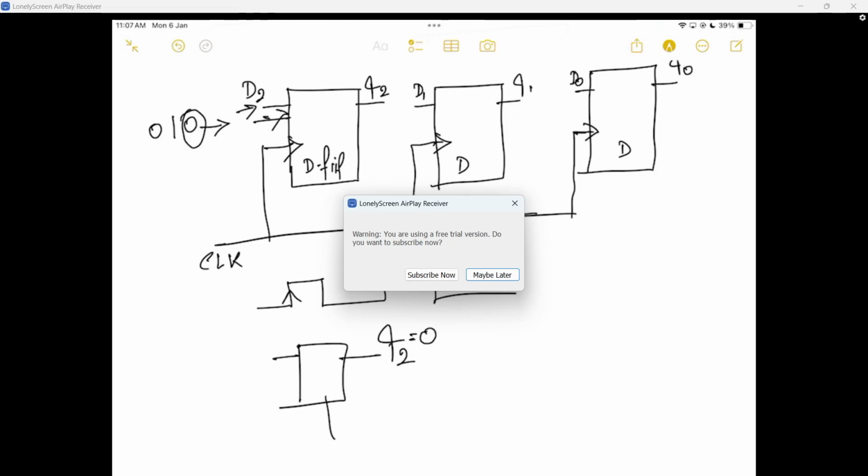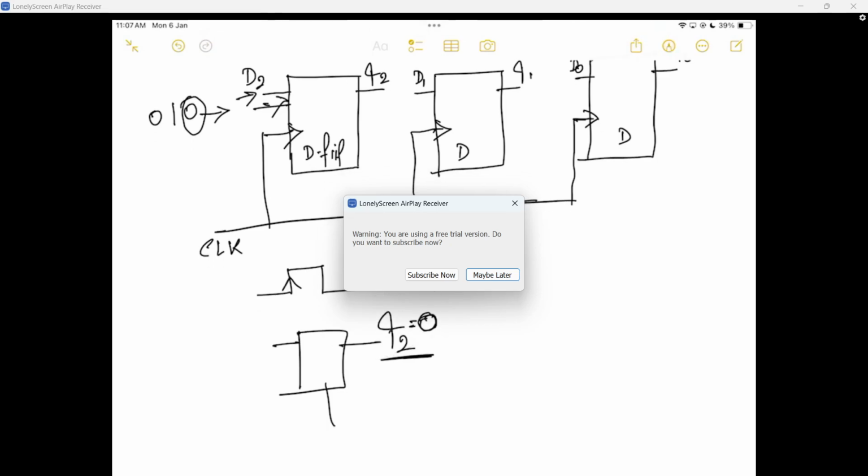So this is the first D flip flop. When the clock comes, this Q holds the 0 value.